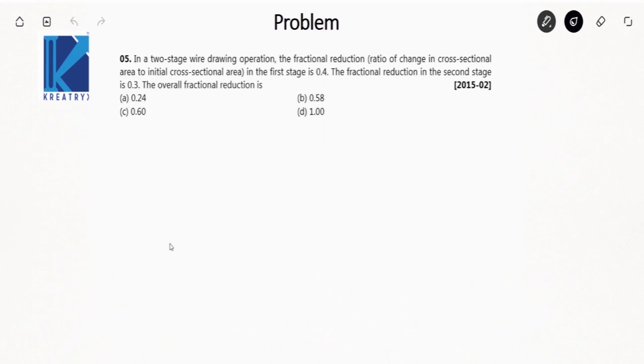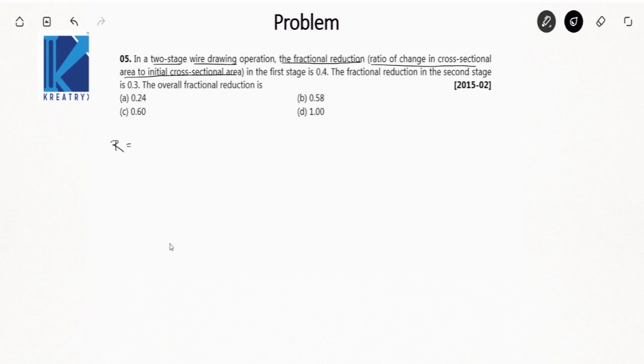So this is a question from wire drawing operation. It is a two-stage wire drawing operation. The question says fractional reduction, and what is the fractional reduction? That is the ratio of change in cross-sectional area to initial cross-sectional area. Let's say I am denoting it by r.